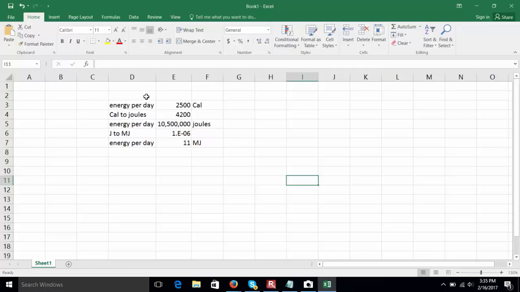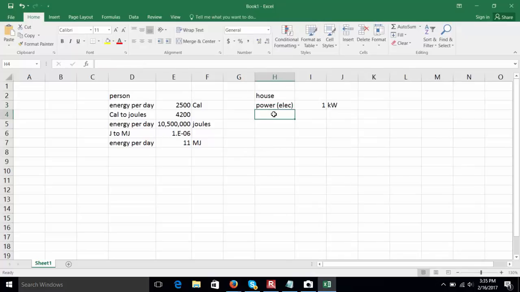Okay, so this is a person. Now, here's a house. This is going to be power, and it's going to be approximately 1 kilowatt in electricity. So this is power electric. And the next one is power heat.